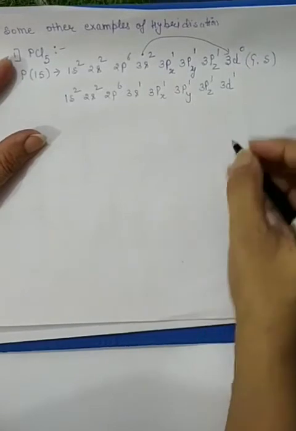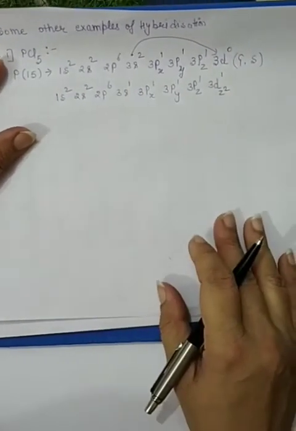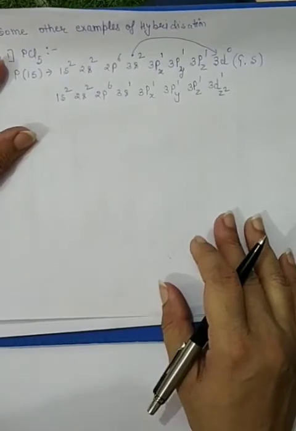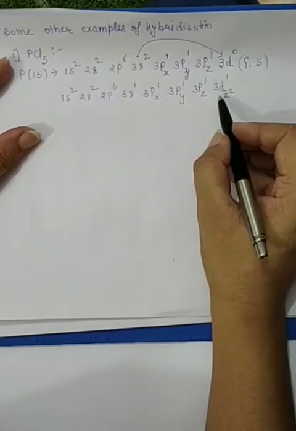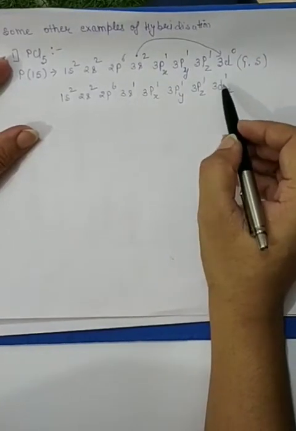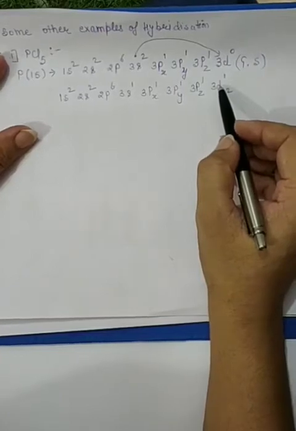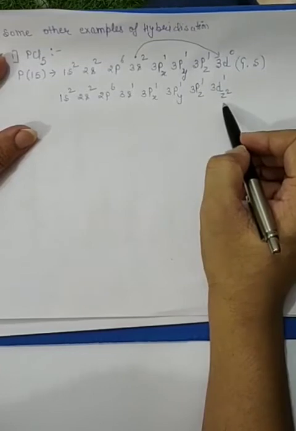Here the d orbital involved is the dz square, as the d subshell has 5 orbitals. Among these 5 orbitals, in case of PCl5, 3dz square participates in bonding.